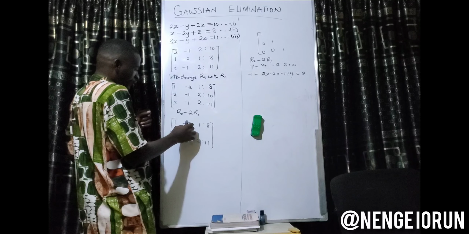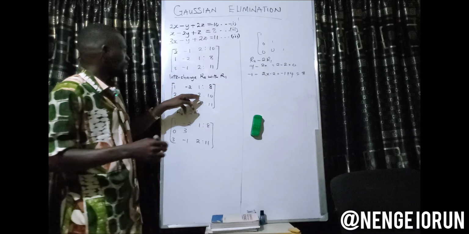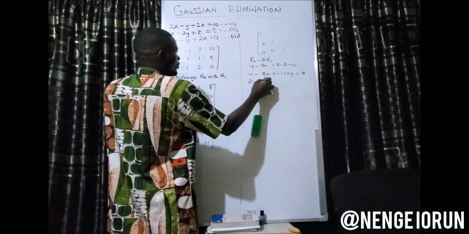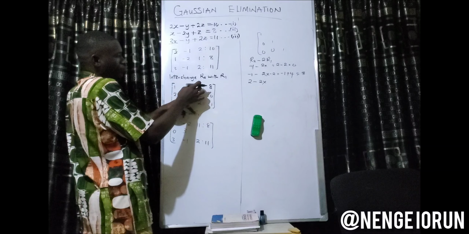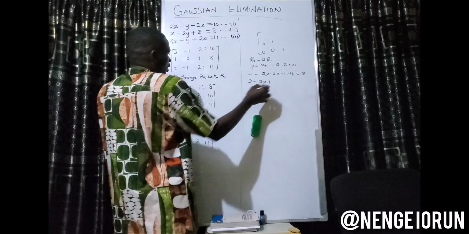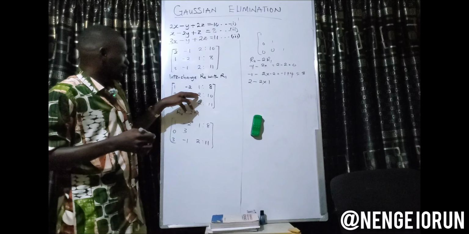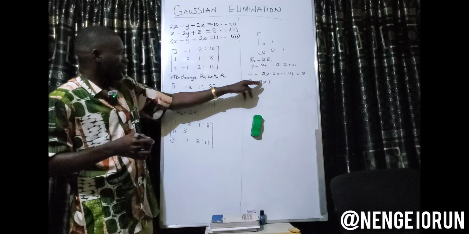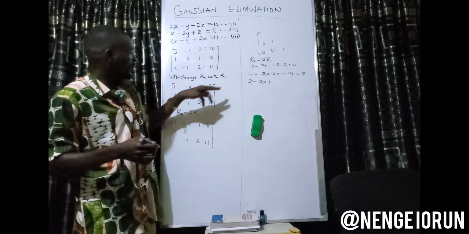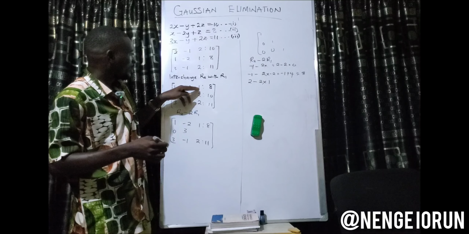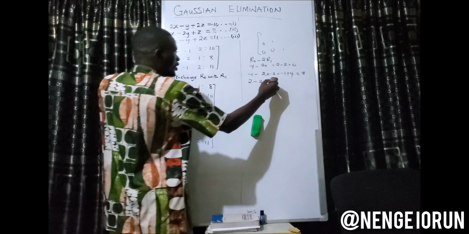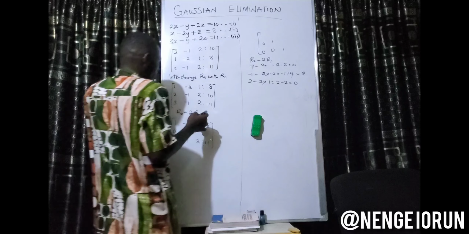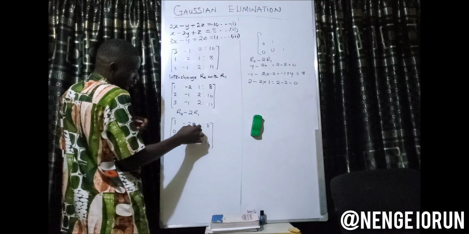So here you have 3. Now for this one, you have 2 minus 2 times 1. Look at the 2 here, for row 2, then minus 2 in the formula. The corresponding element on row 1 is 1. So this will give us 2 minus 2, that is 0. So this one here will be 0.